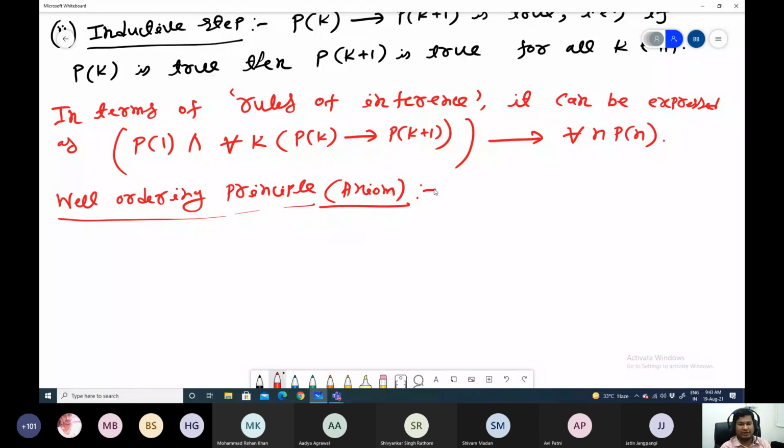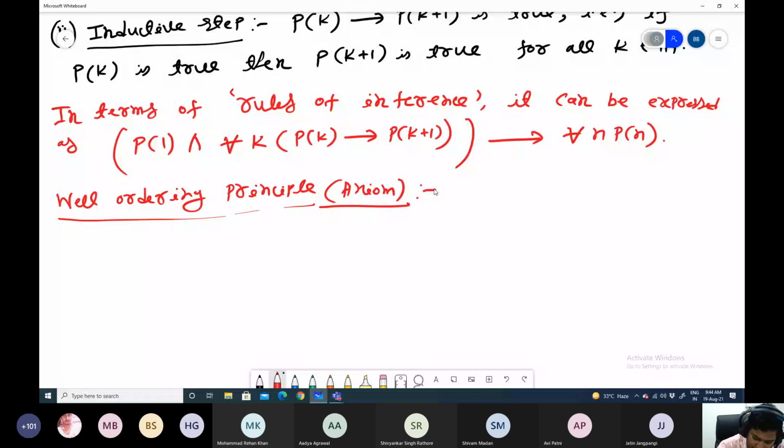There are some axioms in mathematics. You cannot prove them, but you can prove all the other things using these axioms. An axiom means we assume that it is true, and this is the starting point of mathematics. After assuming all of this, mathematics can proceed.